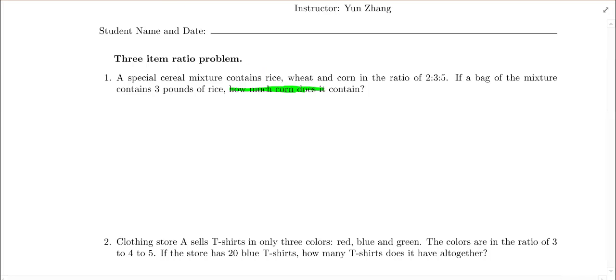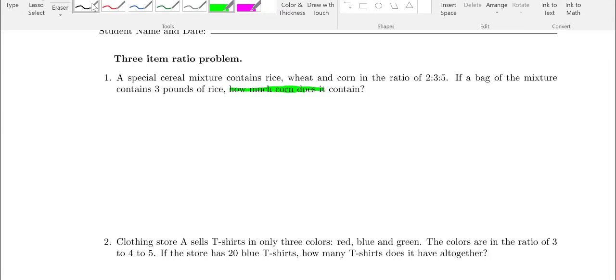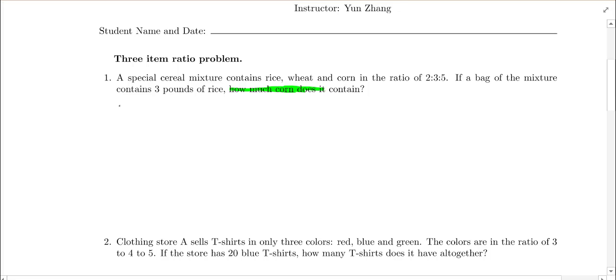So it's very natural for me to think of using R as the weight of rice in the bag. The weight of rice in the bag is R.